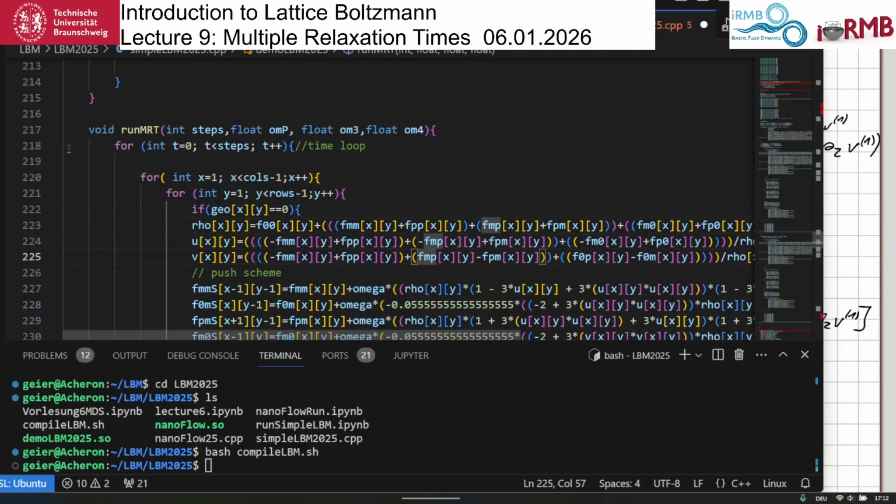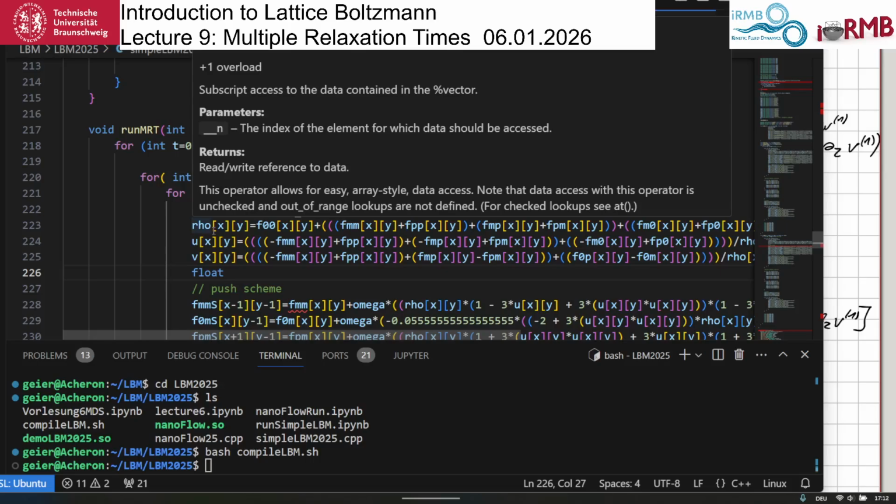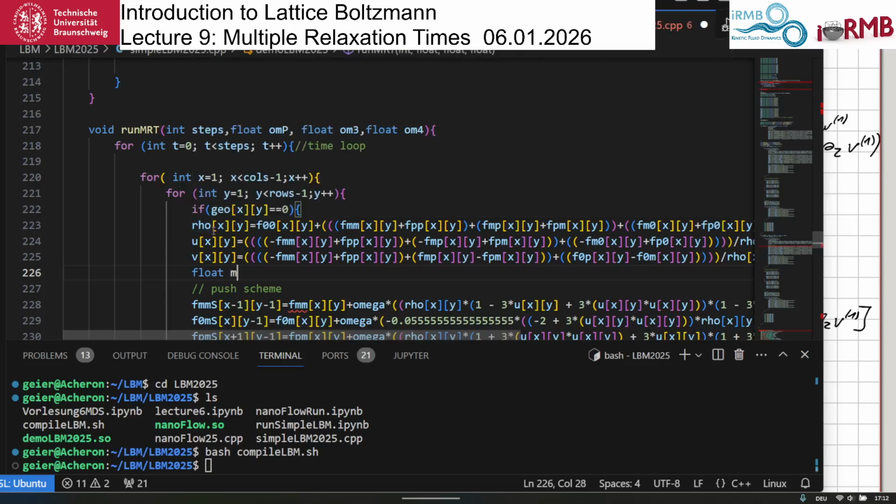So run MRT. Okay, we have this. So what we need to do is compute our moments. Obviously we already have 3 of them, but we need another 6. So we'll have M20.